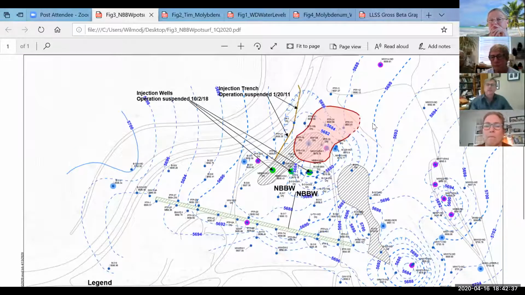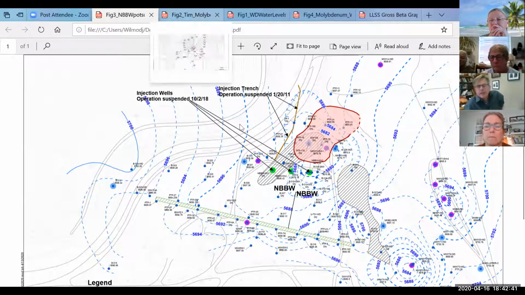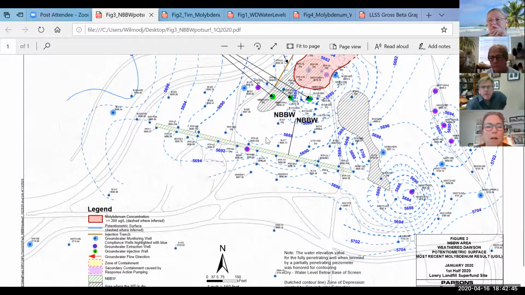Okay, and those extraction points are limited to what, MW38 and then a couple on-site locations? So North Boundary Barrier Wall System, North Toe, MW38, and our perimeter systems on the east side.